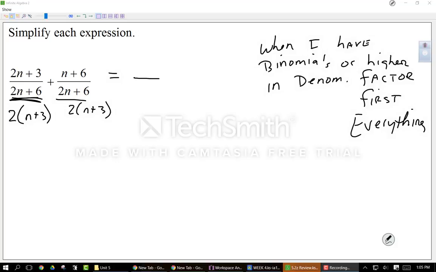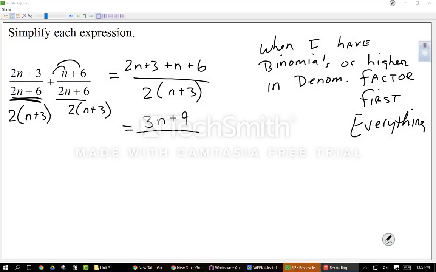But because my denominators are the same, it's 2 times n plus 3 is my denominator. My numerator is 2n plus 3, and then remember this plus gets distributed, plus n plus 6. So if I add like terms in the numerator, I get 3n plus 9 over 2 times n plus 3.